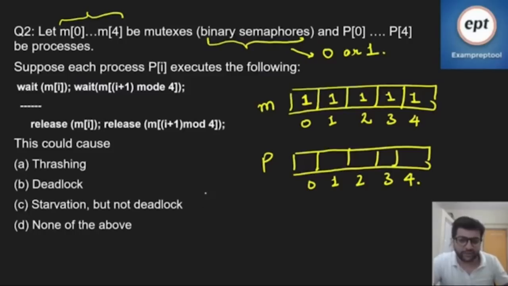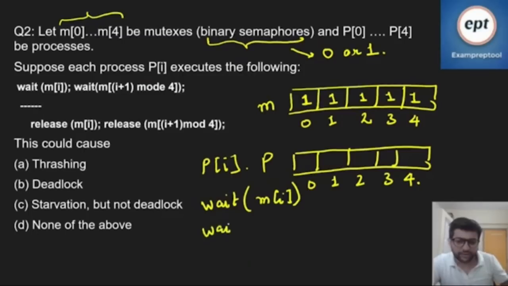We have been given the code for every process, which is: wait for the mutex Mi, wait for the mutex M(i+1) mod 4, and this is the entry section.